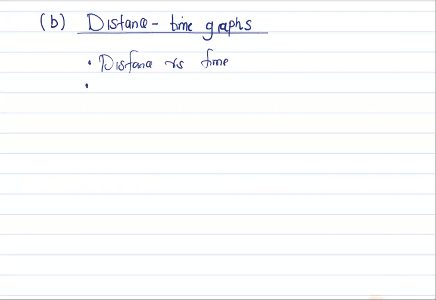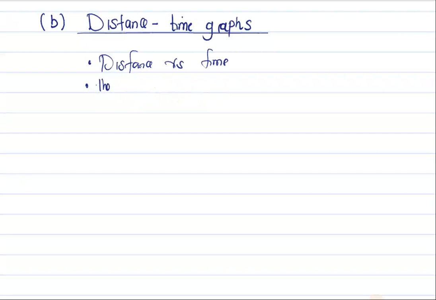In the velocity time graph we had the area under the graph showing us total distance covered, but here, let me not say the area, let me say the slope or the gradient.